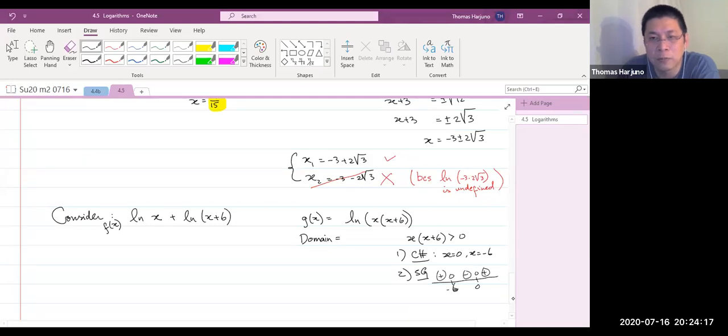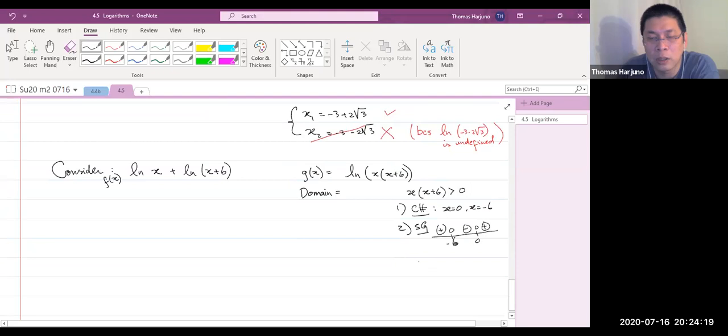So the solution for that inequality is from negative infinity to negative 6, union 0 to infinity. That's the domain.